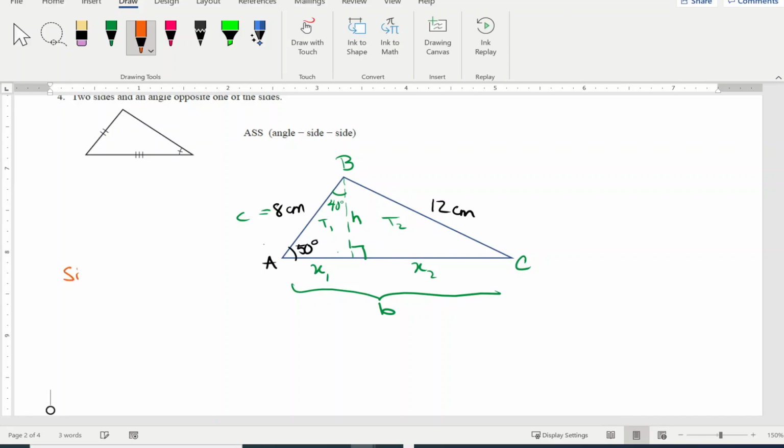The sine of 50 degrees is equal to H over 8. So then H is equal to 8 sine of 50 degrees, and 8 times the sine of 50 degrees is 6.13.